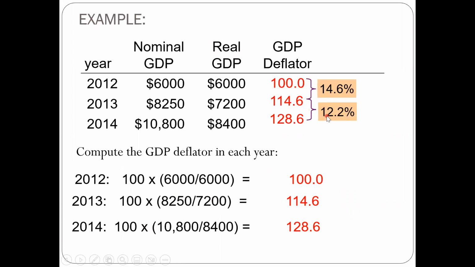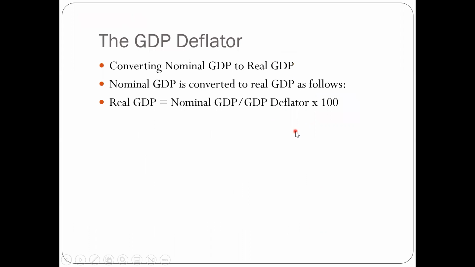This is the percentage change from one year to another. We had a change in the GDP deflator, and we can calculate this change as an inflation rate.